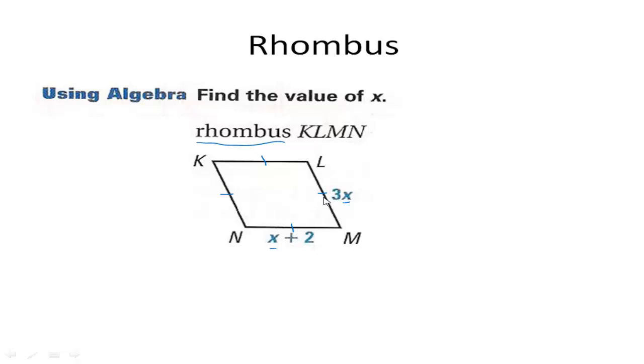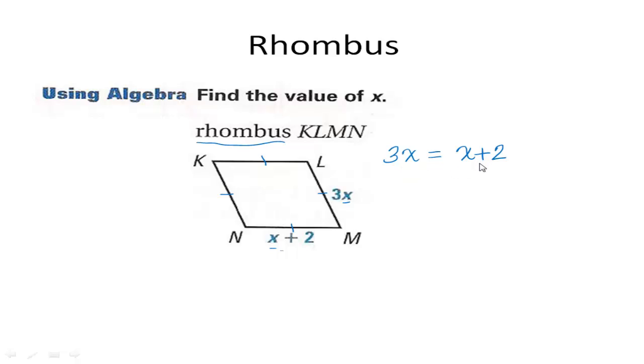So I'm going to state that fact in an equation. This side, which measures 3x, is equal to this side, which measures x plus 2. So I'm going to write that 3x is equal to x plus 2, and that side is equal to that one by the definition of a rhombus.